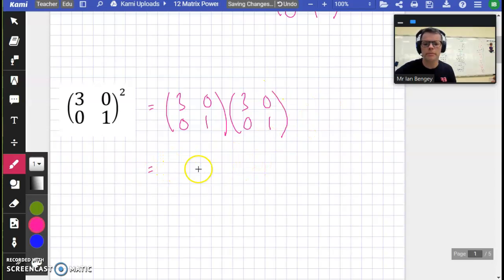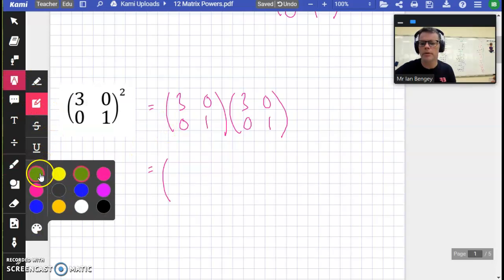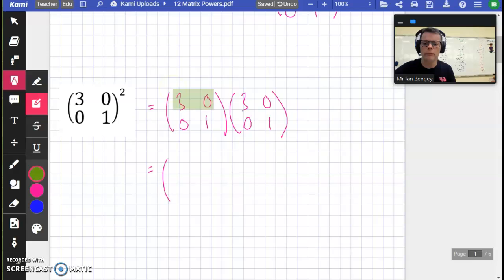I'll go down here, so there didn't seem to be too much space up there before. So let's have a look. Again, I'll just use a highlighter markup pen just to remind you of what I'm doing here. This is the way matrix multiplication works. So it's this row times this column. Okay, so it's rows and columns, isn't it? Rows and columns.